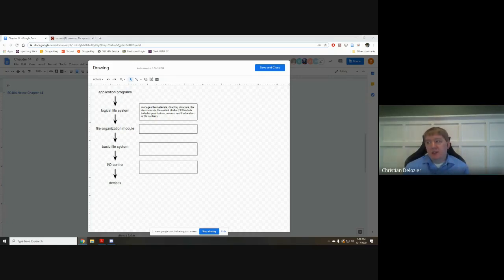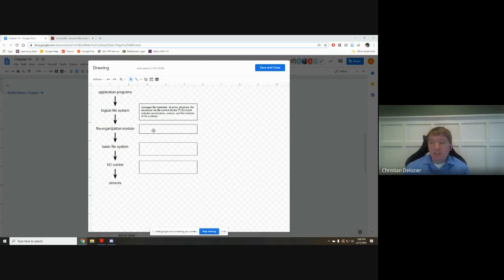It's just what the user needs to know, what we need to be able to tell them so that they can interact with files, and so that applications that are run by the user can interact with files. So this is the higher level view of the file system. This is usually what we interact with. Generally, we're not going to deal with the lower levels here. We're just going to deal with the high level logical file system that our applications run on.